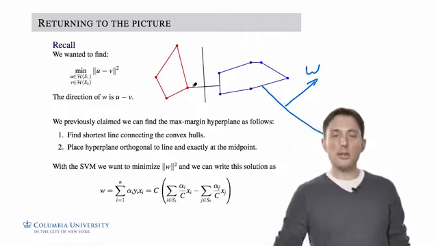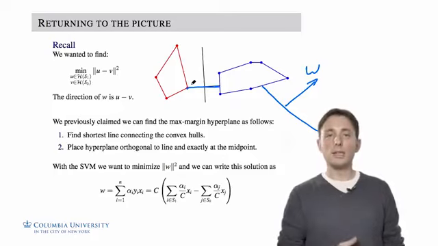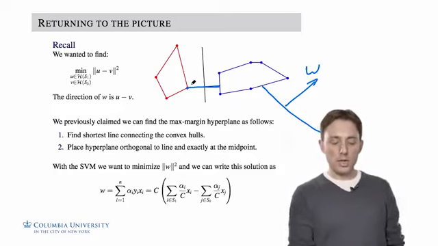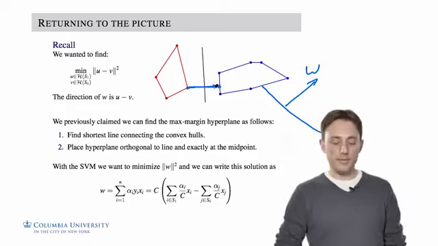Similarly, the vector w that we construct that's going to be perpendicular to this line connecting the two convex hulls has got to be pointing in the direction of that line.